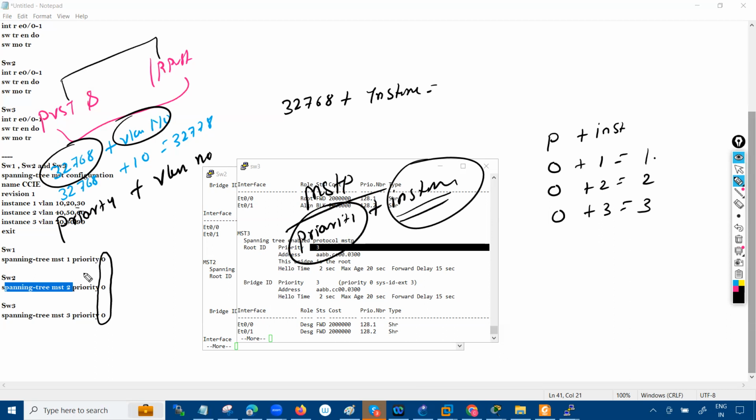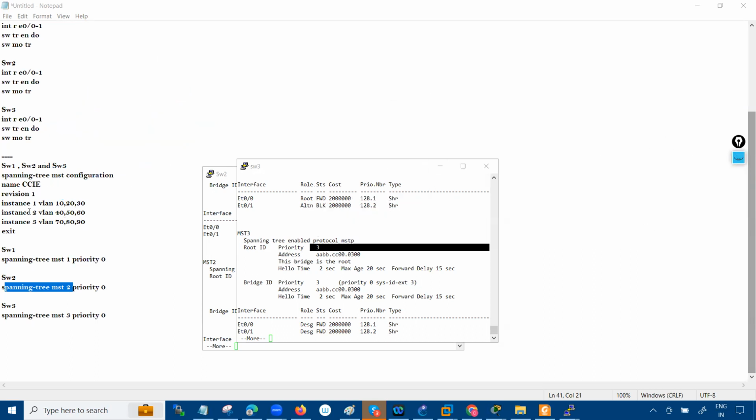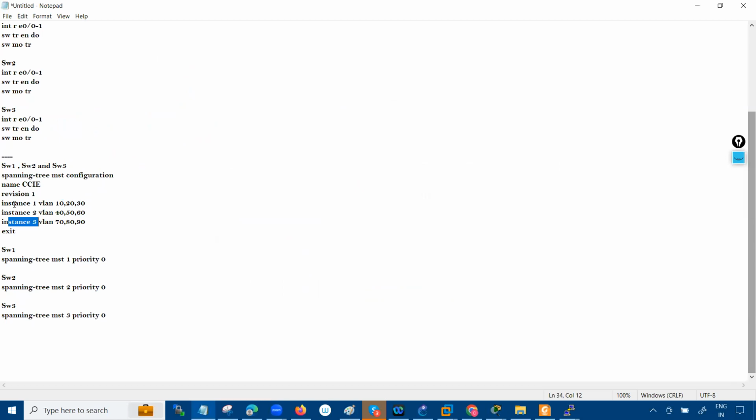Switch 2 has priority 0 plus instance number 2. And on switch 3 also priority is 0, but the instance number is 3. Did we set up the instance number by ourselves, right? Yes, we set it manually. Can you see that? Understood?